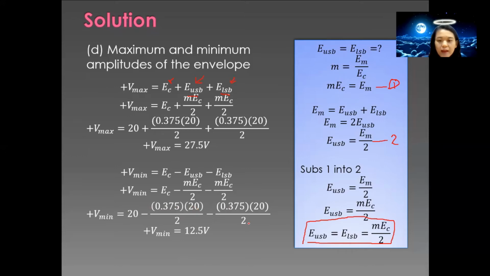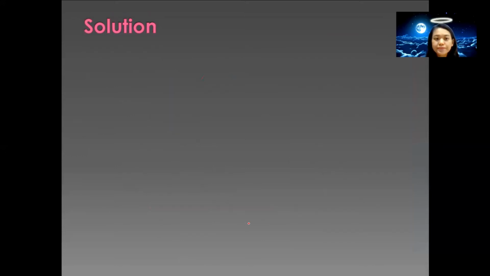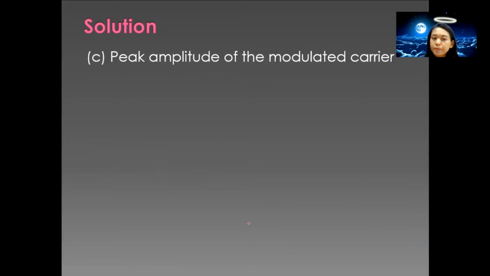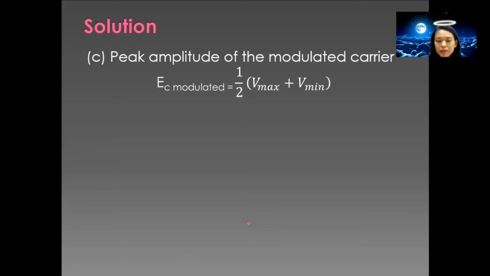Okay, then now we go back to C. C is to find the peak amplitude of the modulated carrier. The formula is EC modulated is equal to 1 over 2 times V maximum plus V minimum. That's why I said that we must find the V maximum and V minimum first before we can find the EC modulated. That's why we do question D first.